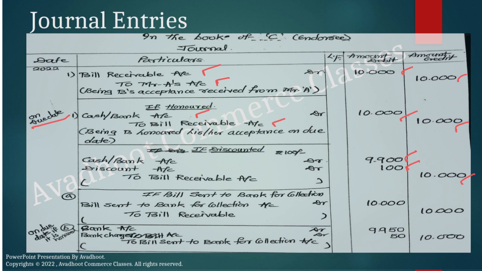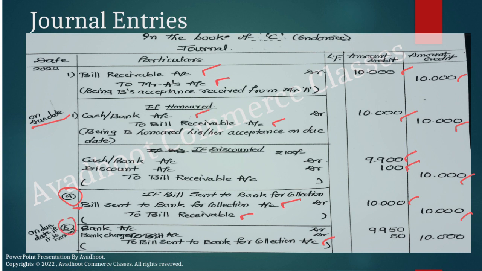If, suppose, the bill is sent to the bank for collection, the entry will be: bill receivable goes out, therefore bill receivable account is to be credited, and it is not for discounting, it is sent for collection, therefore bill sent to bank for collection account debit 10,000 to bill receivable account. And when on the maturity date the amount comes, you are going to credit the bill sent to bank account because you have first debited it.